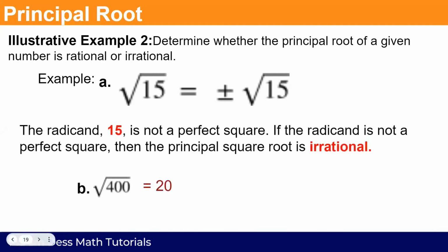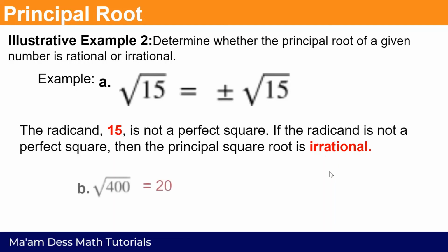And, again, 15 is the radicand. It is not a perfect square. If the radicand is not a perfect square, then the principal square root is irrational. So, titingnan po natin yung radicand. Kapag hindi siya perfect square, okay, it means that the principal square root is irrational.